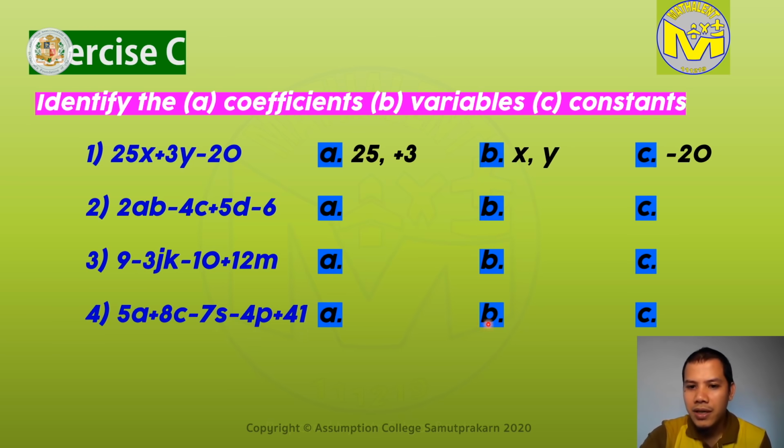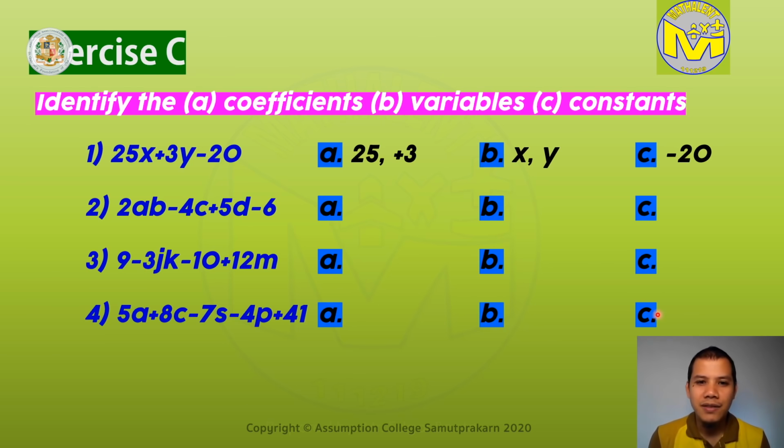So the answers are A, C, S, P. Don't forget the commas, okay? And finally, we have +4. +4 belongs to the constants, so put it down in letter C. Good job.